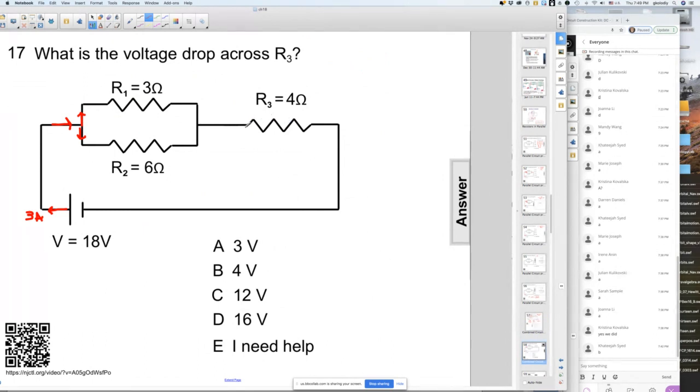Well, the voltage drop, don't forget, the voltage across here is not 18 volts. Okay. What is the voltage drop? Well, it's going to be IR, I being this number, R being this number. So what would be the answer here?